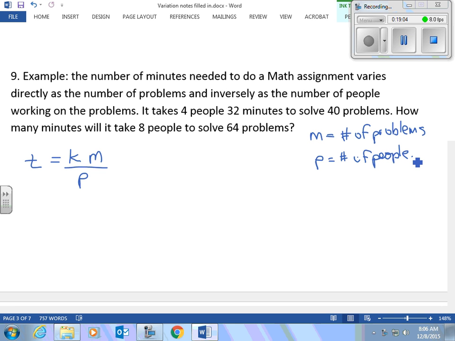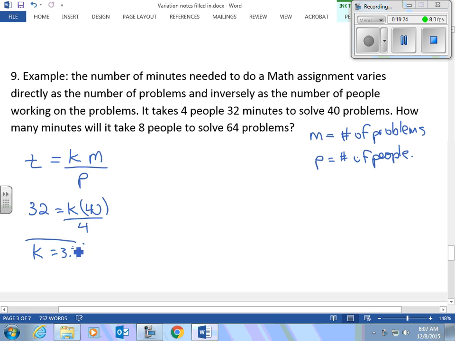So in our first, what we've been given is that it takes 32 minutes to solve 40 problems by 4 people. So K, if we solve that, we end up with K equals 3.2. That's our constant of variation.